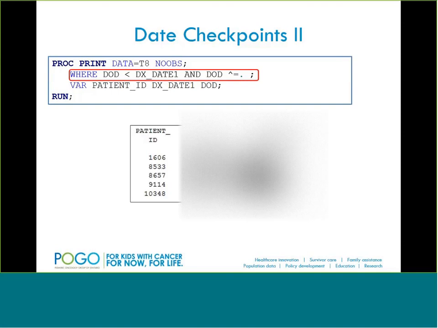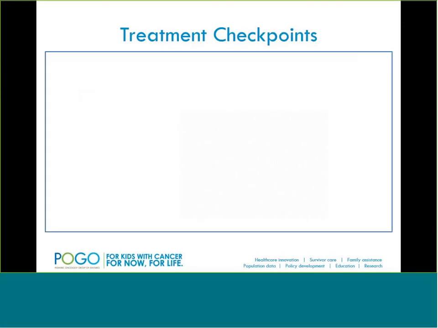But if this showed me that the diagnosis was made 6 months, a year, or longer after the date of death, it doesn't really make sense to me. And I would need to investigate further and clean a little bit because this would have been a data entry error. So this is a really good checkpoint to see if the dates align and if they make sense.